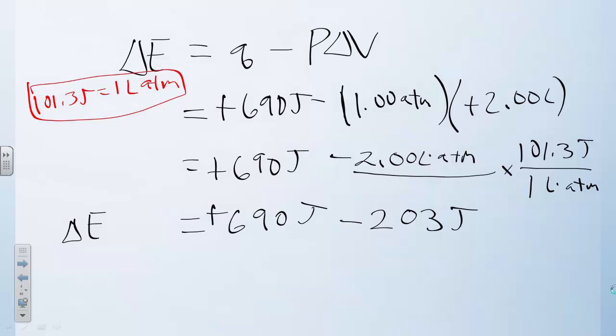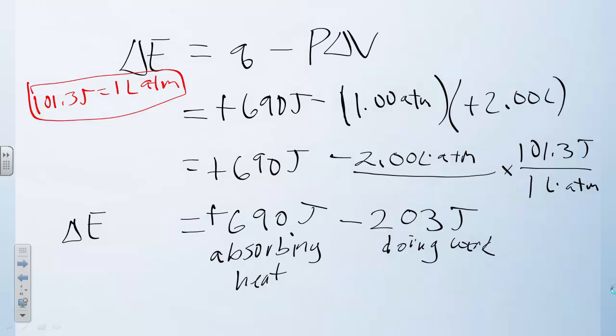And so what we see here is that our system is absorbing heat, 690 joules of heat, but our system is also doing work. Our system is expanding and doing work, and so it's releasing 203 joules of that heat that it's receiving as work.